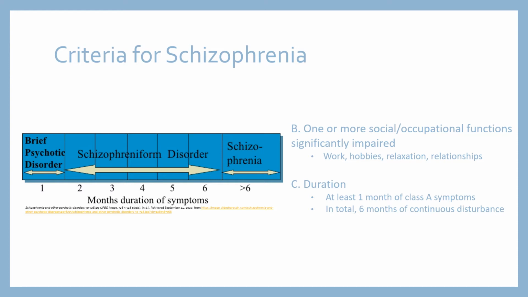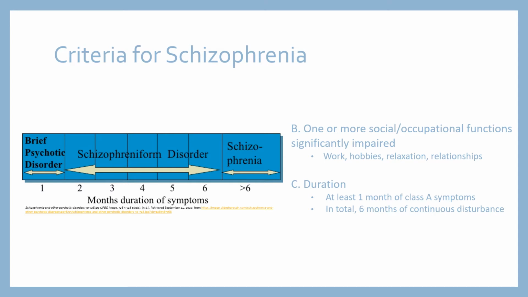This includes the aspect of work, whether the patient is working as efficiently as before, hobbies, relaxation, if the patient is able to enjoy and relax as much as he or she would have liked, as well as maintaining relationships. This is referring to whether the patient can effectively maintain and nourish interpersonal relationships. And C is duration.